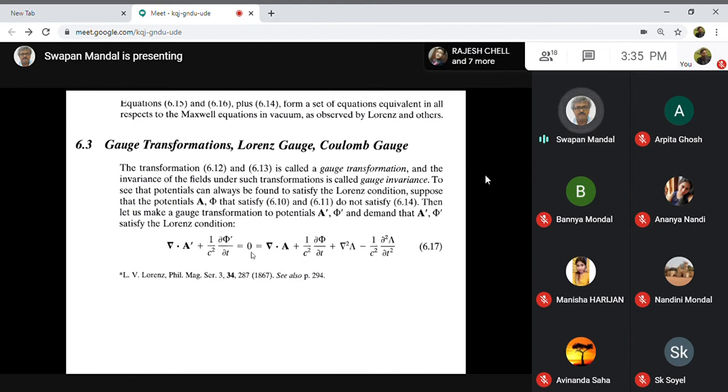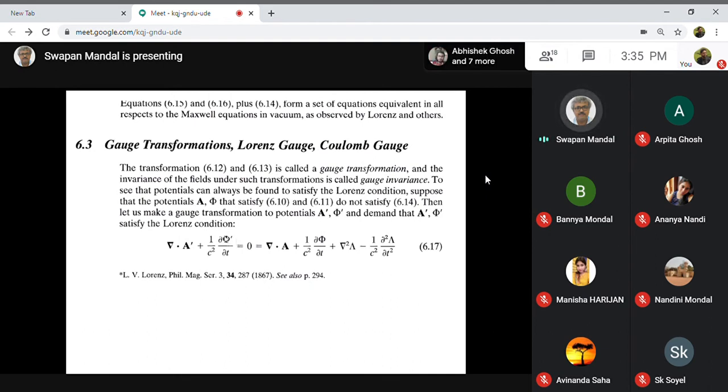If I demand it, then instead of A prime I have written A plus gradient of lambda. So the divergence of the gradient of lambda will give you del square lambda. Here this term is 1 by c square del t of phi prime, and phi prime is phi minus del lambda del t.